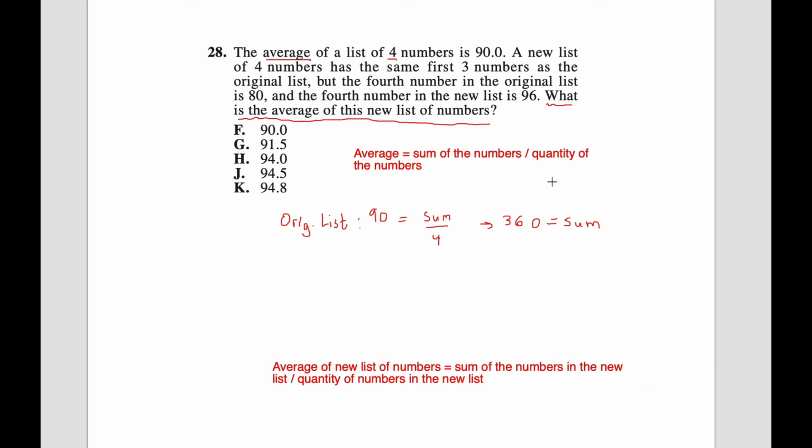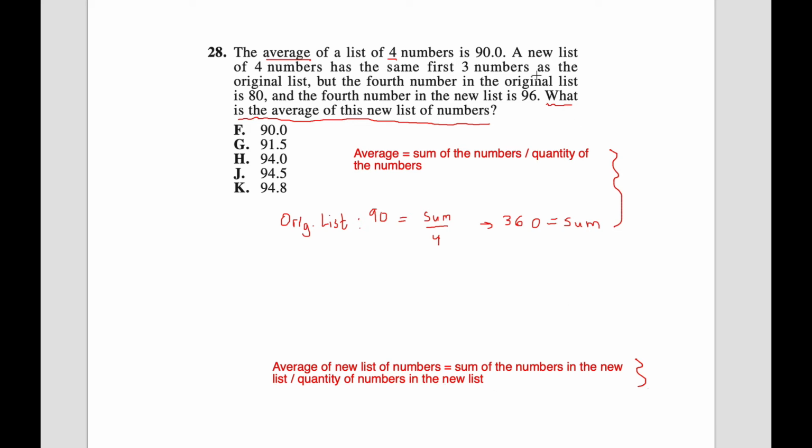All right, so now that we have all this information down in terms of what we know and what we're trying to find, we're in a very good position to solve the question. We know that to get the final answer, the average of this new list, we need these two other parts, the sum of the numbers in the new list as well as the quantity of numbers in the new list.